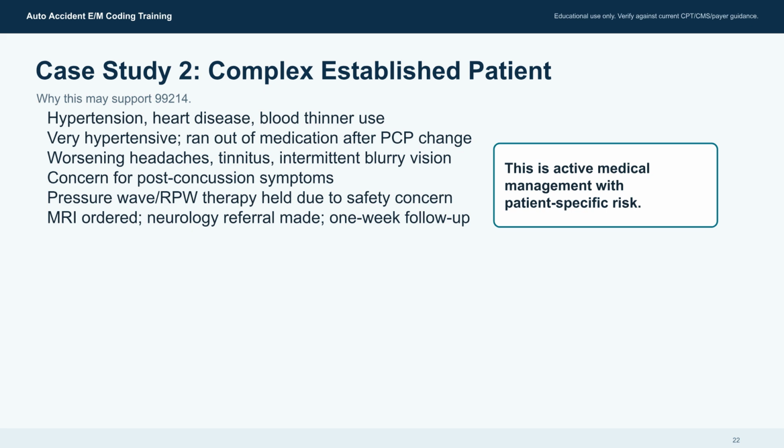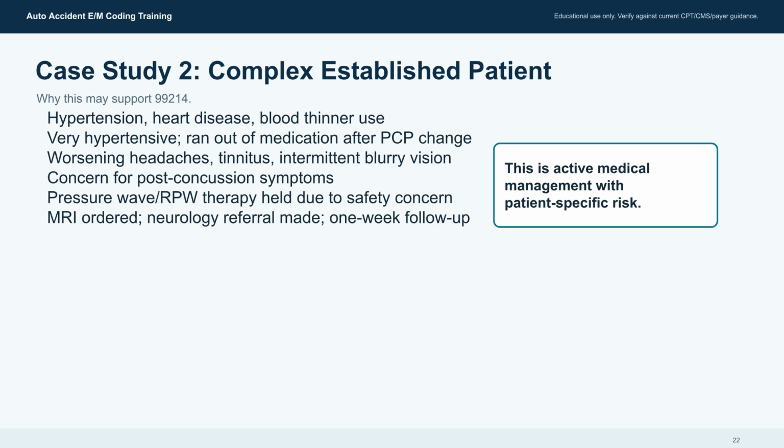The provider identifies that pressure wave therapy may not be appropriate while the patient is on blood thinners and contacts the chiropractic physician to hold that therapy. The provider orders MRI imaging, refers the patient to neurology, sends an interim blood pressure medication dose, and shortens the follow-up interval to 1 week.